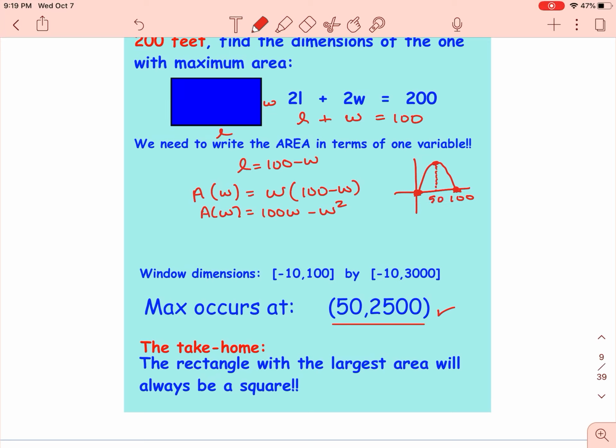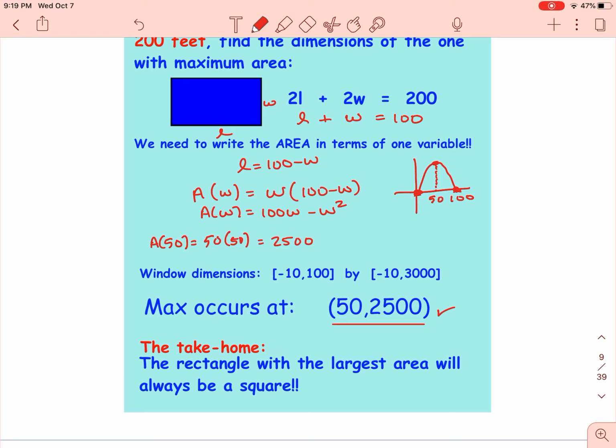All you have to do then is plug a 50 into the area function. A of 50 is 50 for W, and then 100 minus W is also 50, so it's 50 times 50, which is 2500, and that's my maximum area.